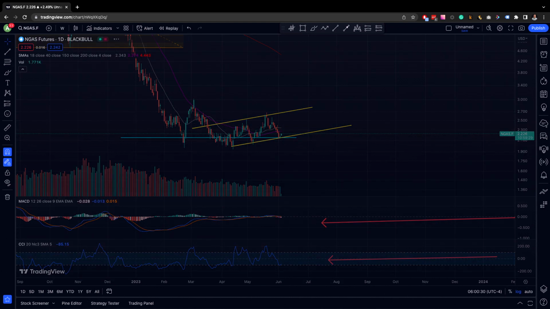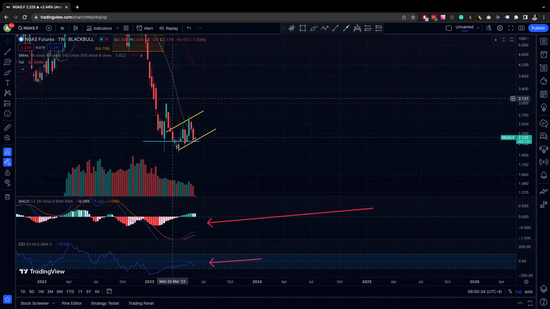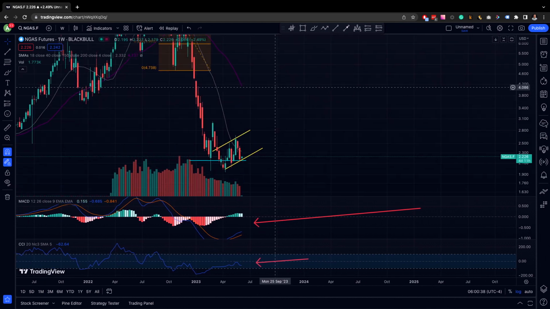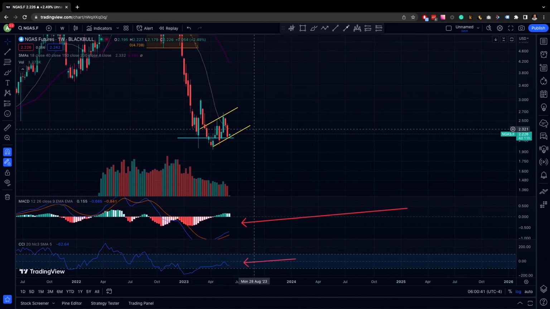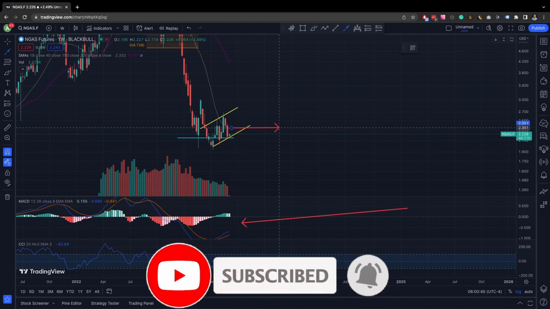Something that I also wanted to show you on the weekly, guys, with regards to the moving averages, was that after a long while of selling off aggressively, the 18 moving average is starting to cup over and it's starting to move sideways, as you guys can see here.